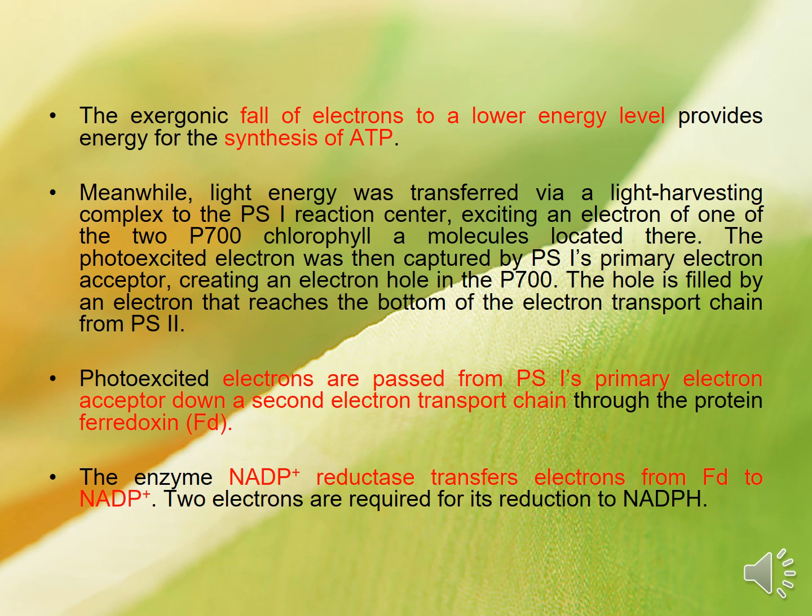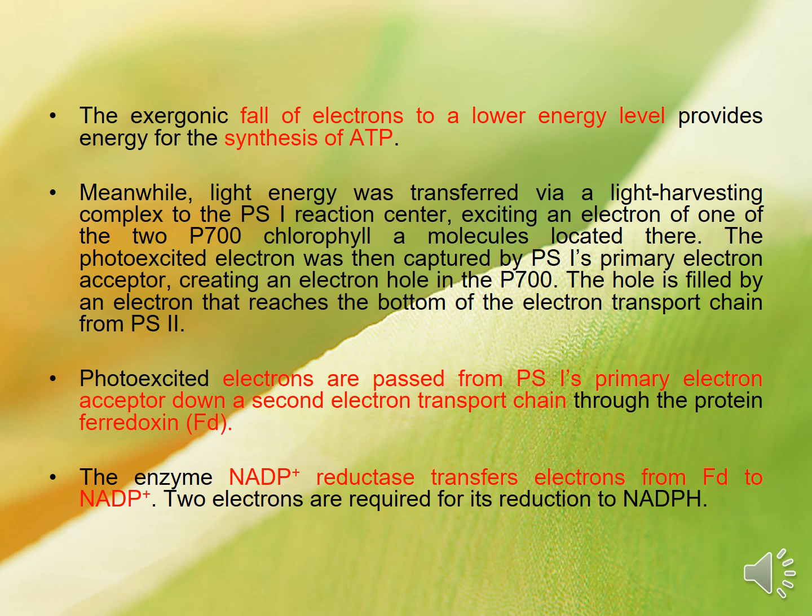The function of that electron hole is to be filled by the electron that reaches the bottom of the electron transport chain from the PS2. Because just now, we had the electron going down the PQ, cytochrome, and PC. So this electron will replace or fill the hole at the P700.